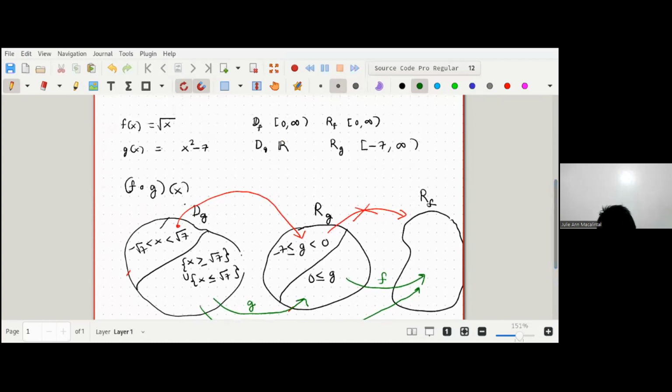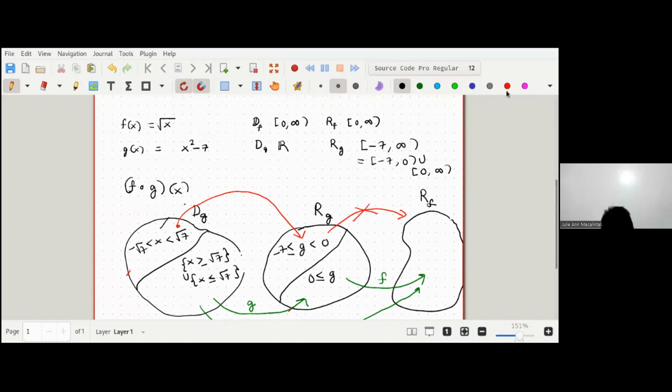So yung range, kung ano man yung range ng x, if we do the calculation, x squared minus 7 will produce a range na between, so makikita natin dito na yung range of g, that's negative 7 to 0, union 0 to infinity.